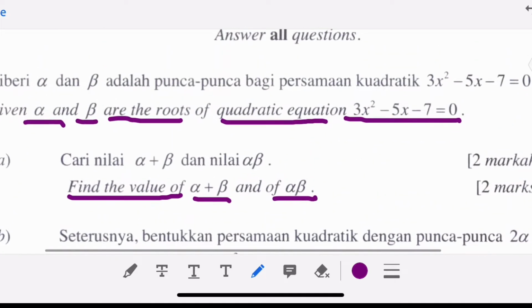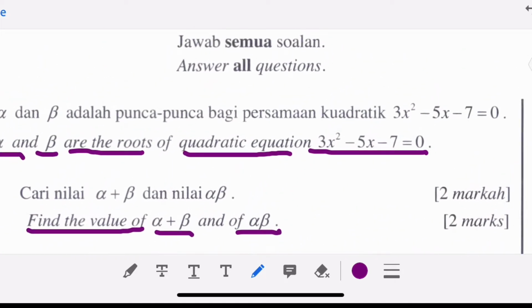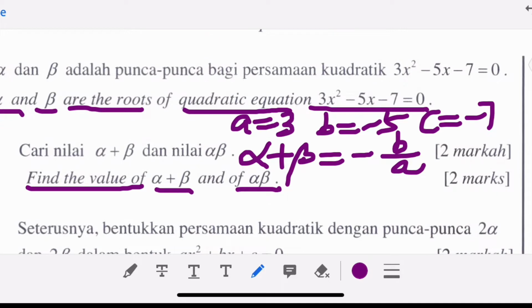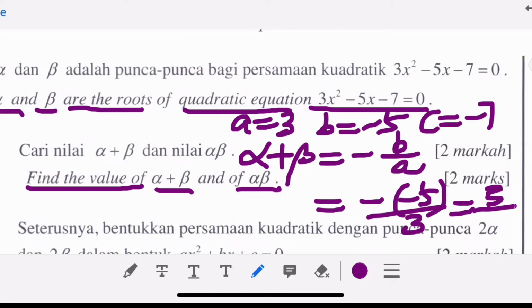Let's write down the formula here. So you have a is 3, b is negative 5, c is negative 7. According to the formula, the sum of the roots, alpha plus beta, is negative b over a. That means you are going to have negative of negative 5 over 3, which is 5 over 3 for alpha plus beta.